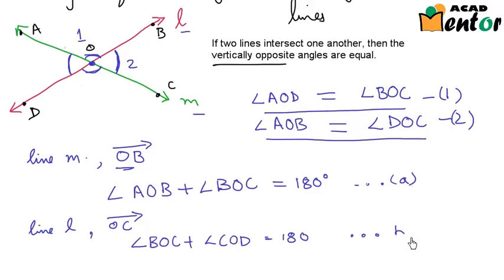Let this be equation B. So if I name angle DOC or COD as angle 3, then I am just saying angle 2 plus angle 3 is also 180 degrees.